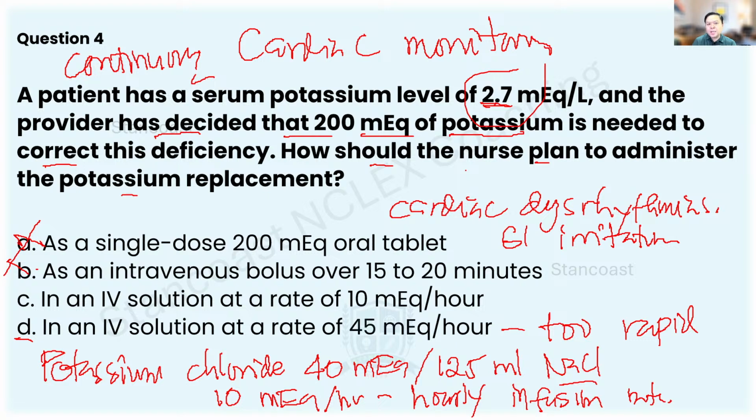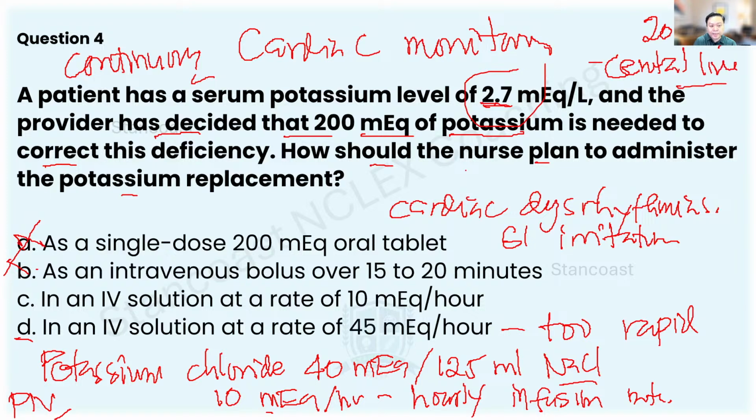In the critical setting, this is going to be a little bit different, okay? In the med-surg setting, you're going to administer that 10 milliequivalents per hour via a peripheral IV access, all right? In the telemetry or in the ICU setting, they will do it differently. They're going to administer probably the medication at 20 milliequivalents per hour with cardiac monitoring continuously, and plus it is administered via a central line.